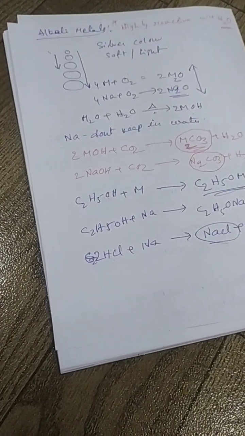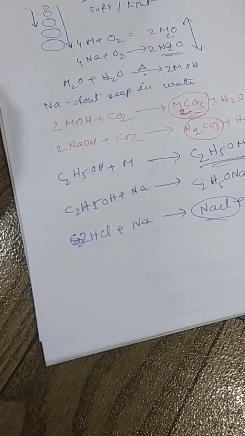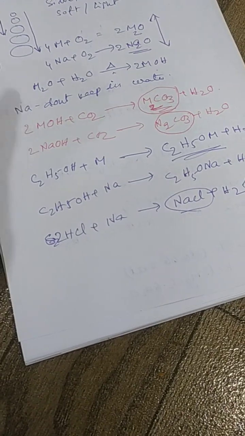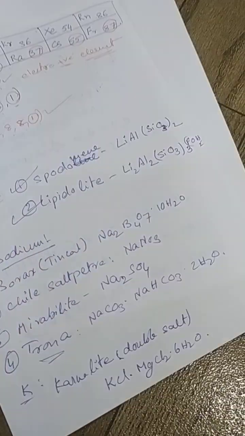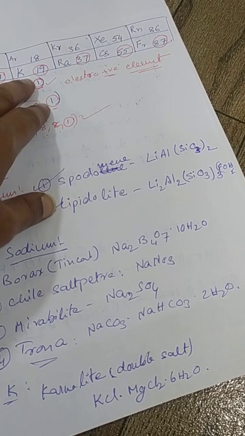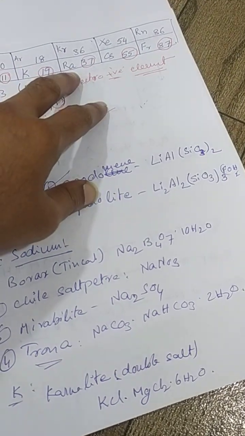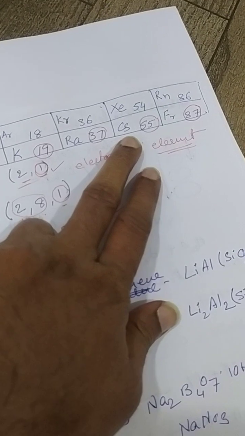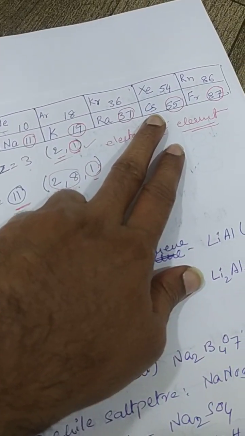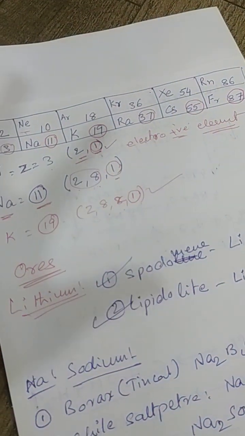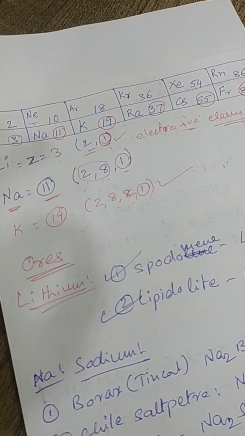But just understand this: they are highly reactive with water from lithium to cesium. Lithium reacts slowly, sodium reacts faster, potassium reacts even faster with the water, rubidium reacts very fast. Cesium is a blasting reaction with water.